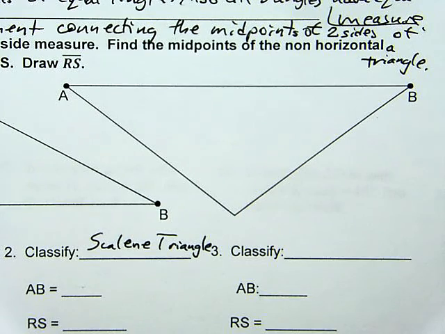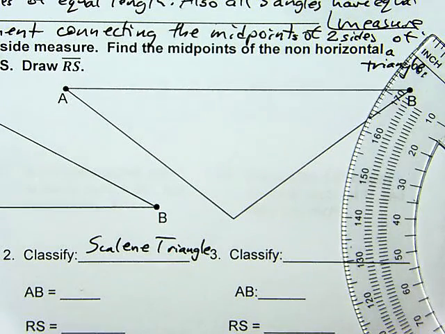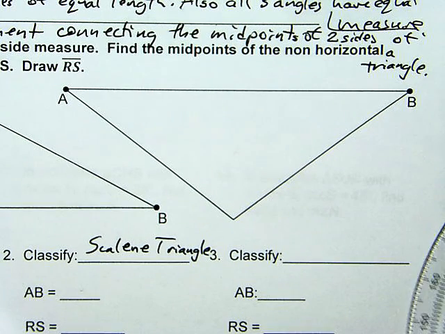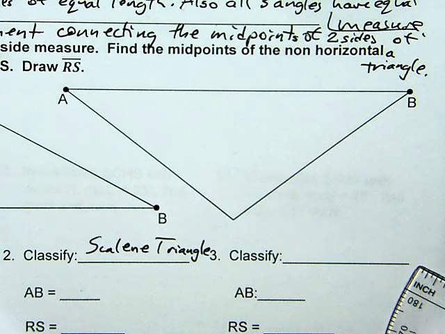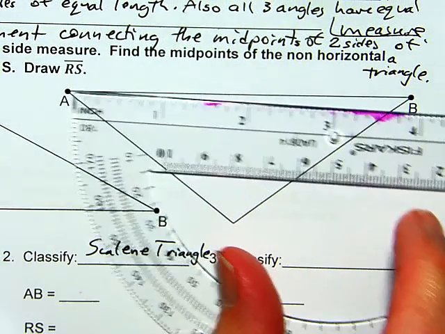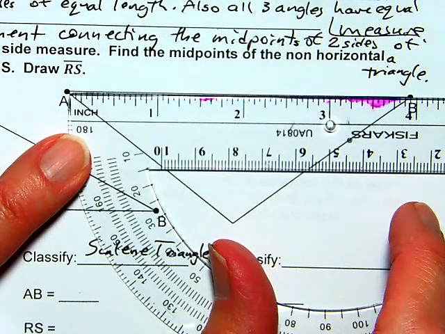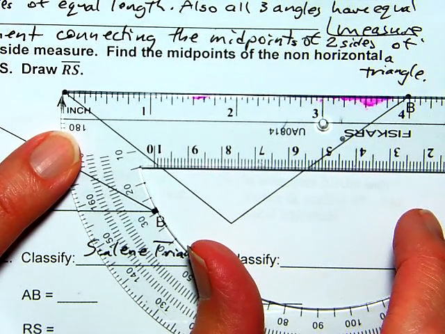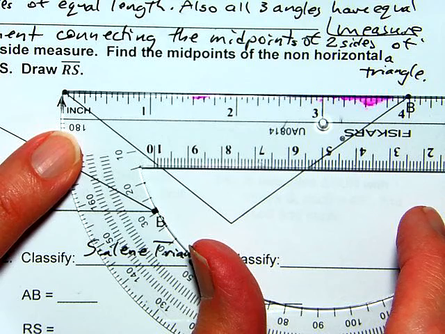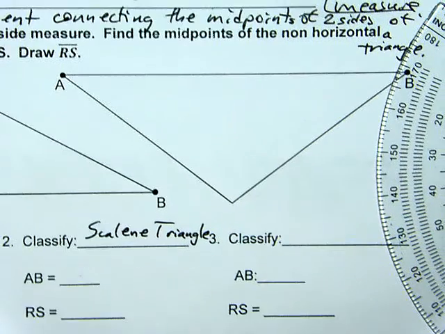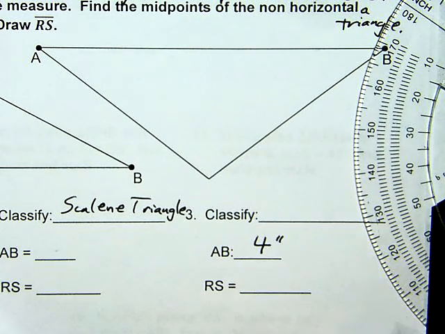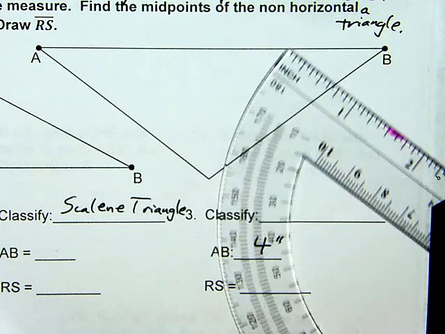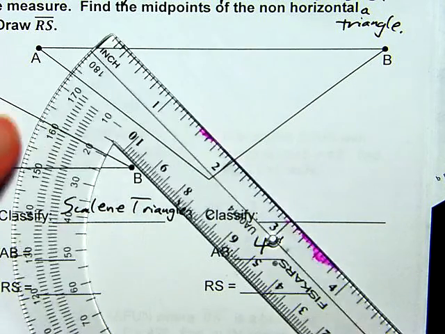And let's classify the triangle on the right. You can probably guess it's supposed to be an isosceles triangle, right? Because that's the only type we haven't gotten to yet. But let's confirm that. Let's measure AB. AB here is 4 inches, pretty much exactly. By the way, I'm supposed to have been writing down the length. I'll have to go back and do that for the other ones. But the measure of AB is 4 inches.